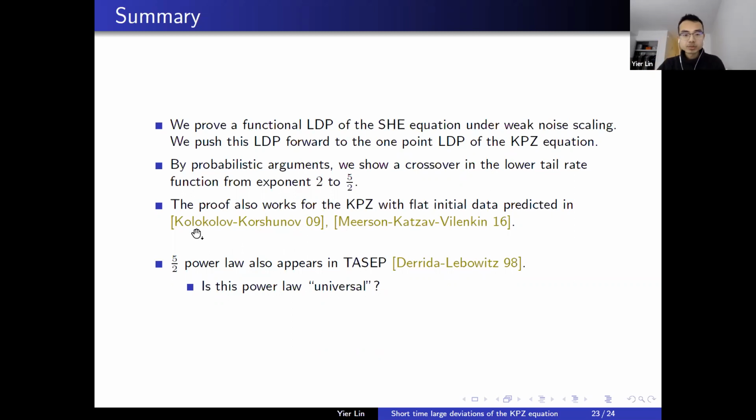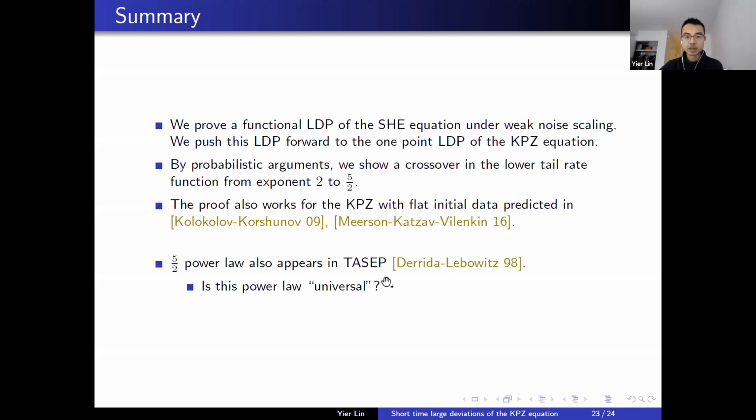So one future question, then I will end: you see that this 5/2 power law appears for the KPZ equation in both the short time and the long time regime, as long as you go very deep in the lower tail. It seems it will also appear in some other models. For example, in the physics work by Varadhan and Leibowitz in 1998, you look at the TASEP, totally asymmetric simple exclusion process, on a ring, and you look at an observable called the average time current, and you look at the lower tail behavior of that, you will also see this 5/2 power law.